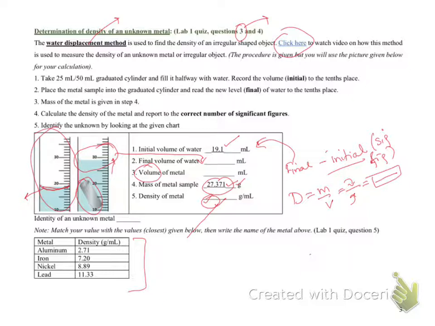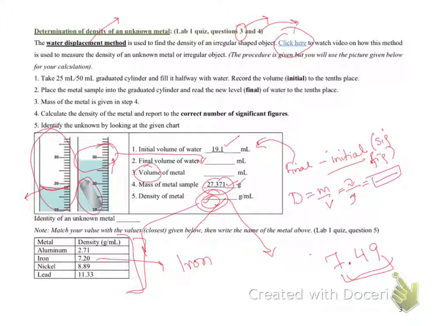You just get the closest one. So let's assume you did that and your answer comes out, let's say 7.49. Then which is the closest one based on this 7.49? That will be iron. So you're going to calculate it, you're going to pick the closest one, and that will be your question number 4.